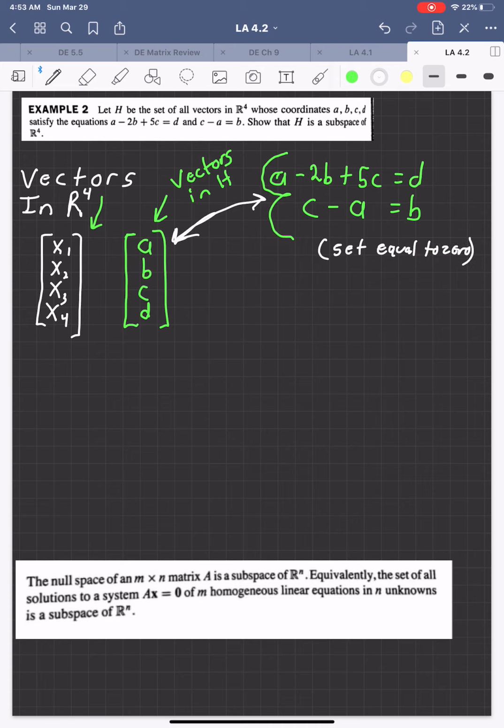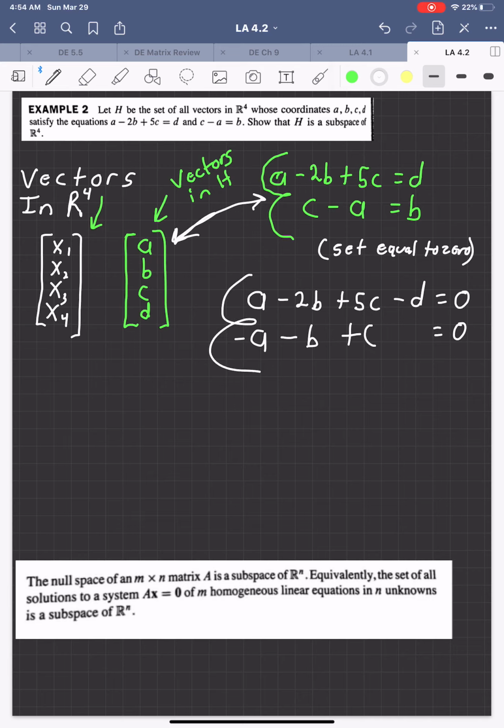Ready? Let's do that. So if I set everything equal to 0, this would be A minus 2b plus 5c minus d equals 0. And I'm going to line it up letter under letter. So now this would be negative a. I have to bring the b to the left side, so this would be minus b plus c. There's no entry for d, equals 0.